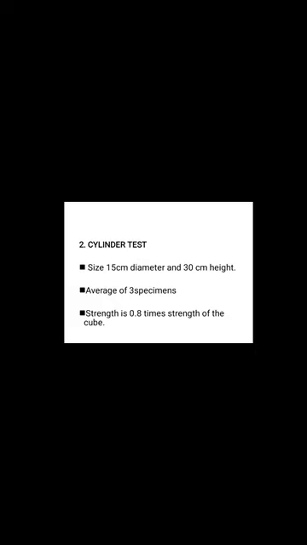Slenderness effect is the ratio of the least lateral dimension to the longitudinal dimension. If you see the dimensions of the cube, it is 15 centimeter by 15 centimeter by 15 centimeter. The dimensions in all the directions are the same. But if you see the dimensions of the cylinder, the diameter is 15 centimeter, whereas the height is 30 centimeters. So now the slenderness effect will come into picture. This will affect the strength of the concrete.